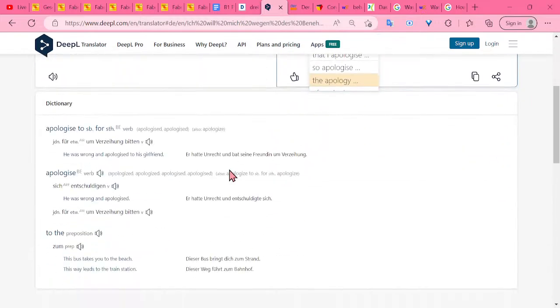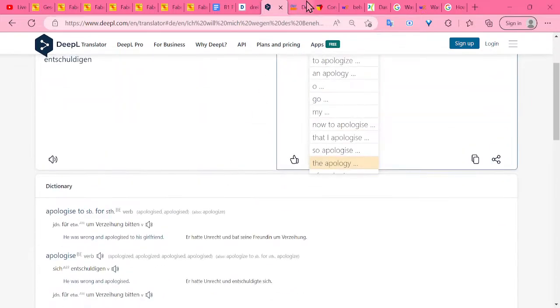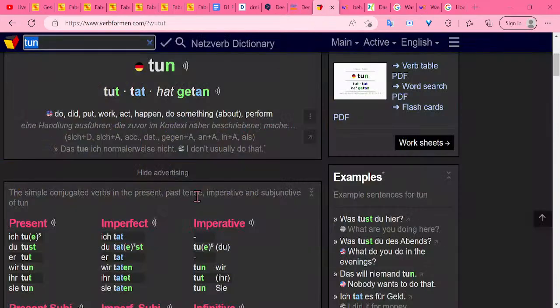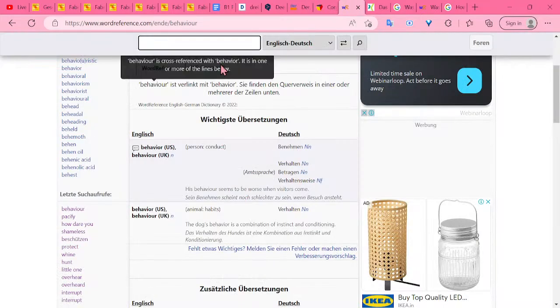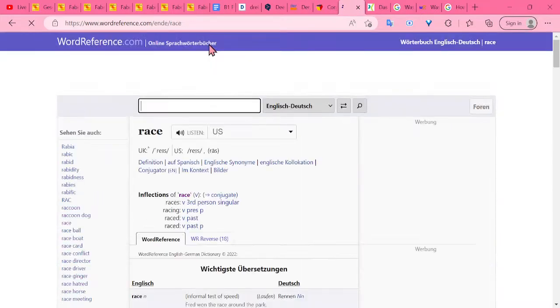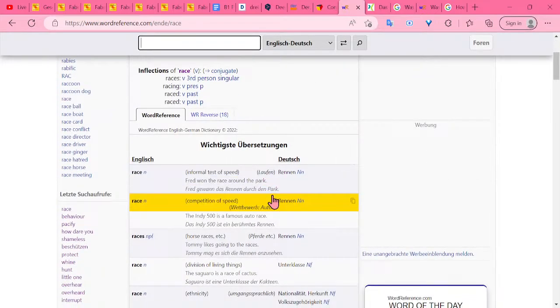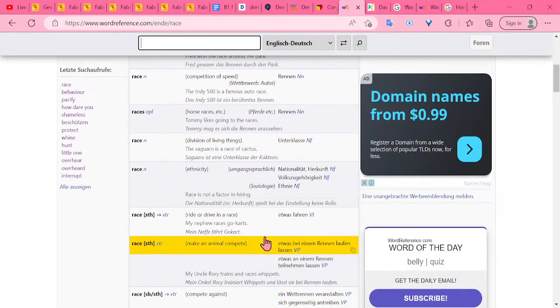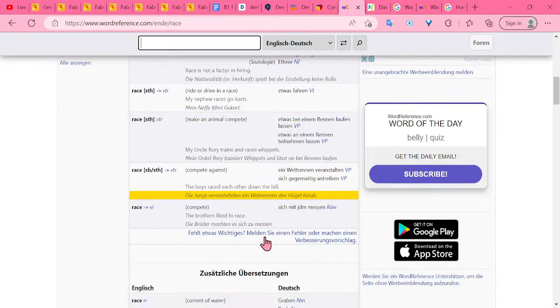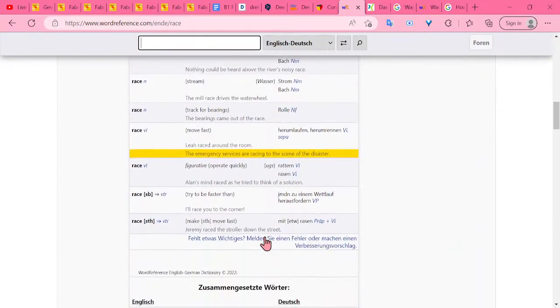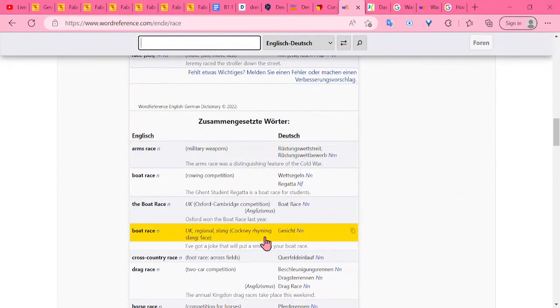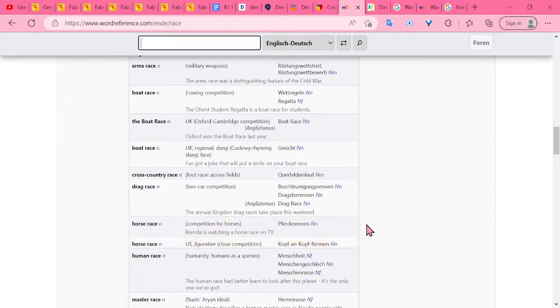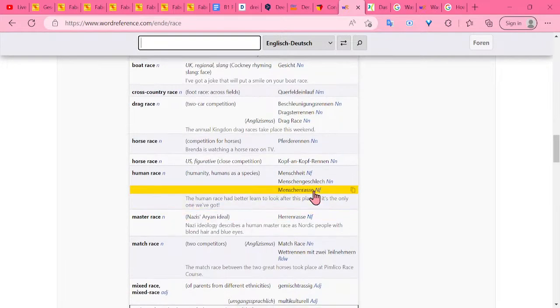I want to apologize for. Geschlecht can of course be that, but then it's species, race. Okay, let me just check. Nationalität, no. Geschlecht, you see that?